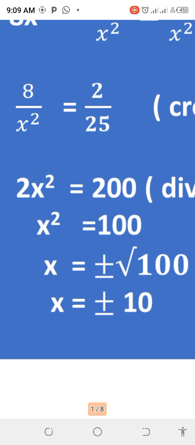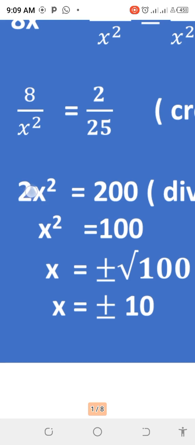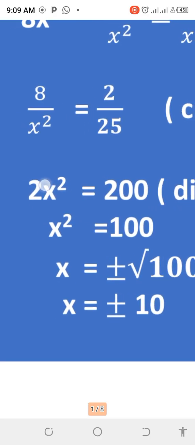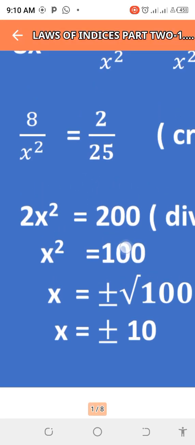Now what you do next is to divide both sides of the equation by the coefficient of x squared. The coefficient of x squared here is 2. So you say 2x squared over 2 is equal to 200 over 2. And 2x squared over 2 will give you x squared, and 200 divided by 2 will give you 100.